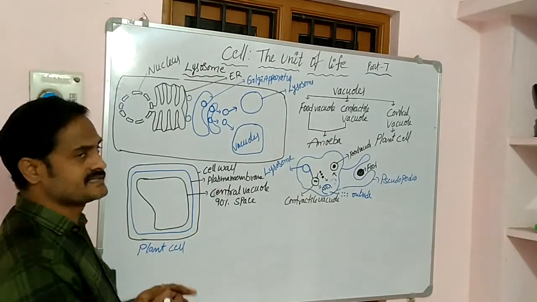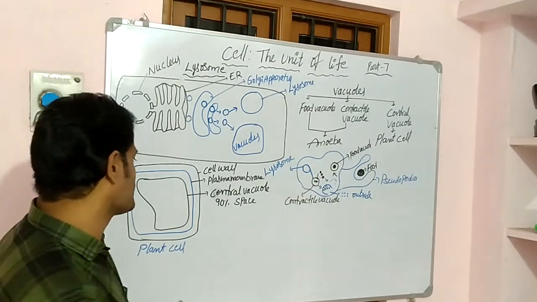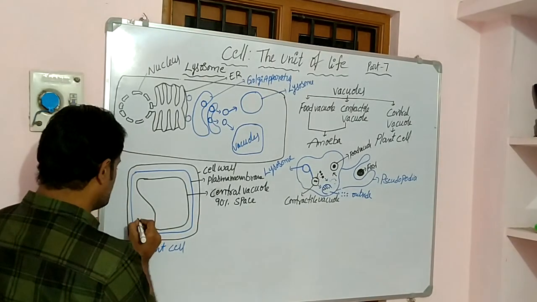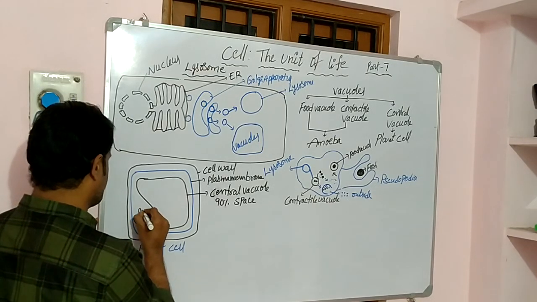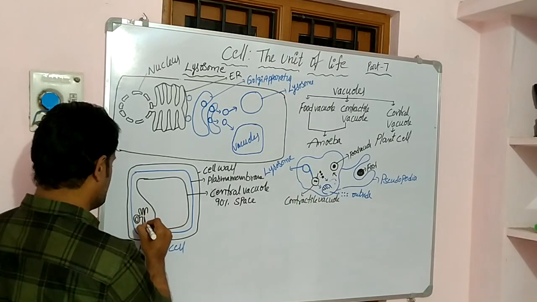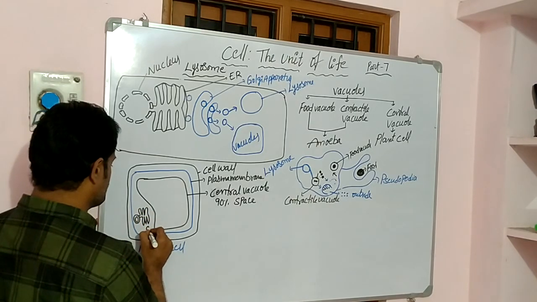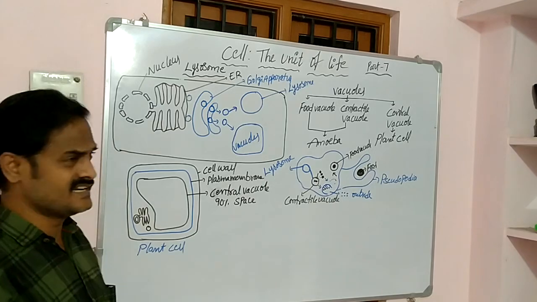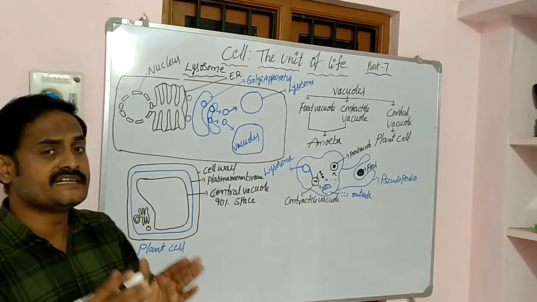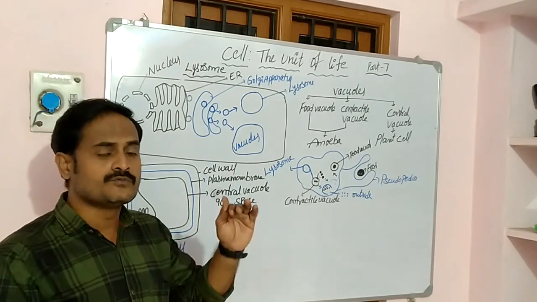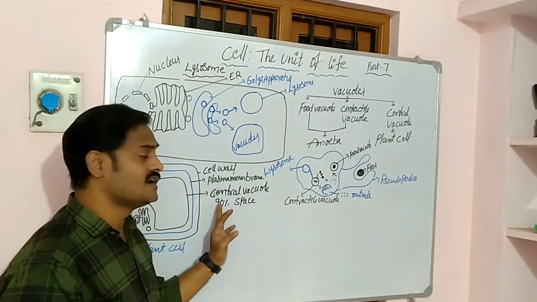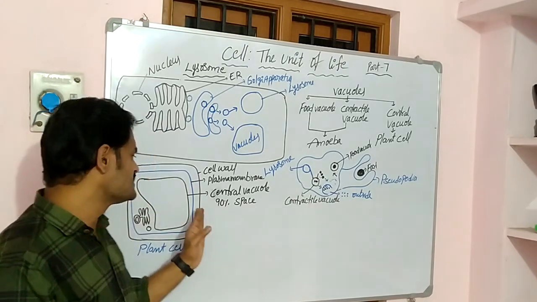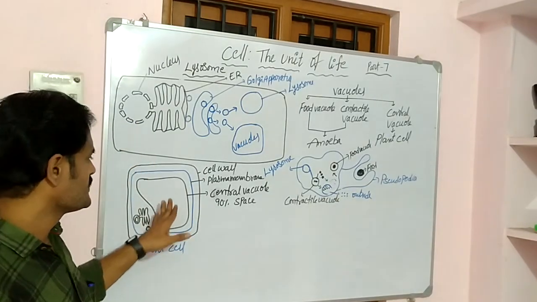In the remaining 10%, the other cell organelles are present. See, the nucleus is present on one side, a double membrane structure. After that, endoplasmic reticulum and lysosomes. All the remaining cell organelles occupy only 10% of the space, but the central vacuole alone occupies 90% of the space in the plant cell.